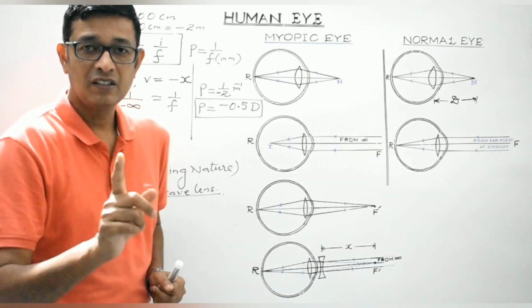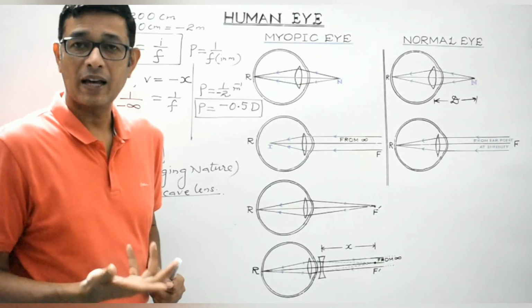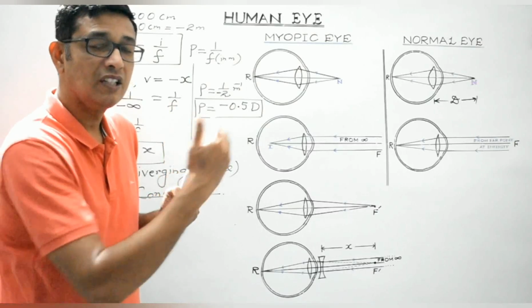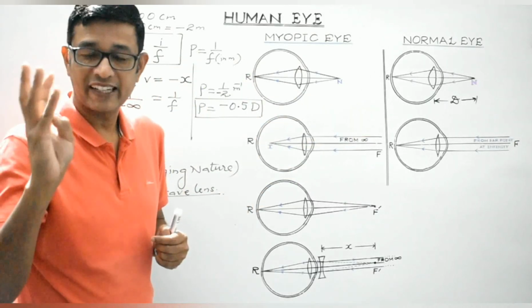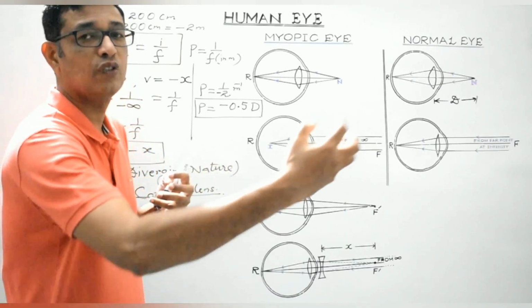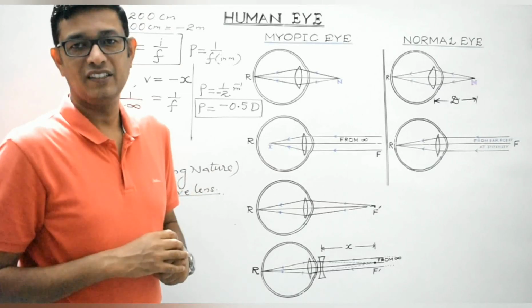So again I repeat, in case a person is suffering from myopia, then what happens is the image of the distant object is formed in front of the retina. Second important point is, this defect may arise due to the elongation of the eyeball or the decrease in the focal length of the eye lens.